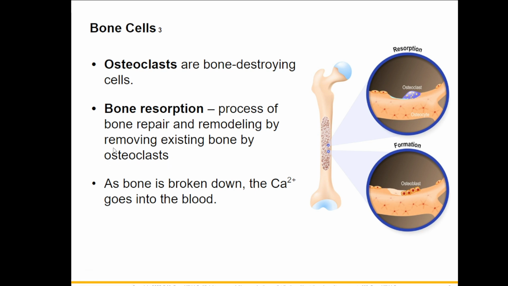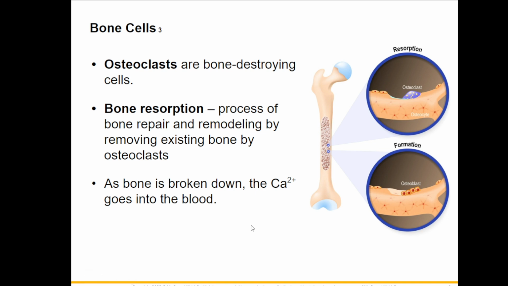Now, I want you to know that when bones are broken down by osteoclasts, calcium is released from the bone and goes into the blood. That's very important, okay? When bones are broken down by osteoclasts, you actually release the stored calcium, and this stored calcium would go into the blood.